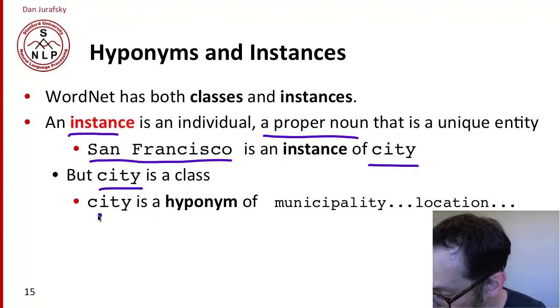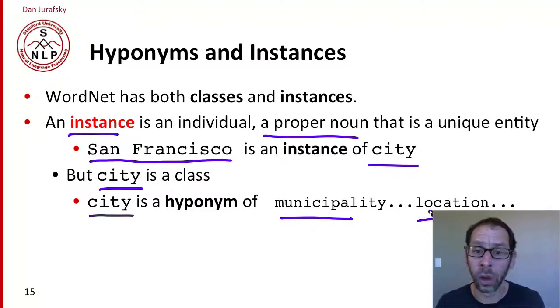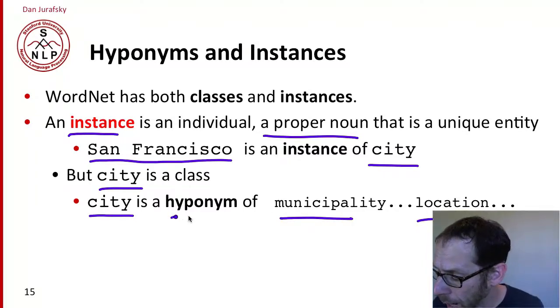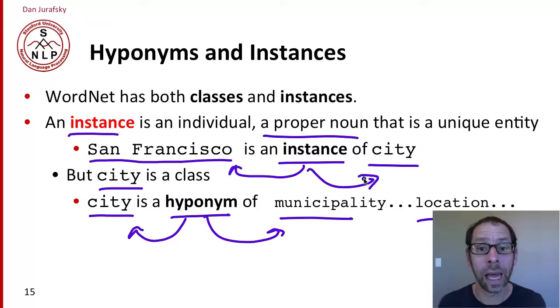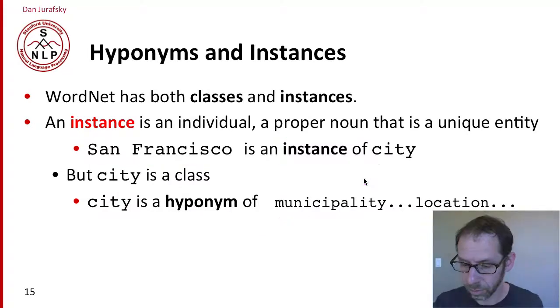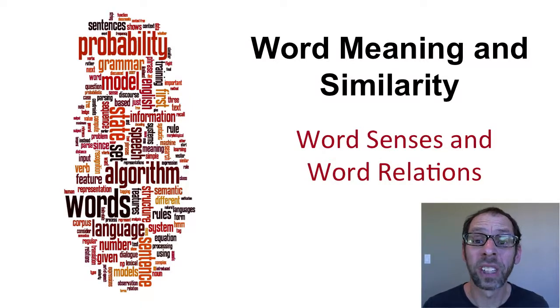City is a class, and so we can say city is a hyponym of municipality or location or other kinds of classes. So hyponymy or subsumption is a relationship between a class and another class. Instance is a relationship between an individual and a class. These are some of the fundamental definitions we'll need in talking about extracting word meaning.